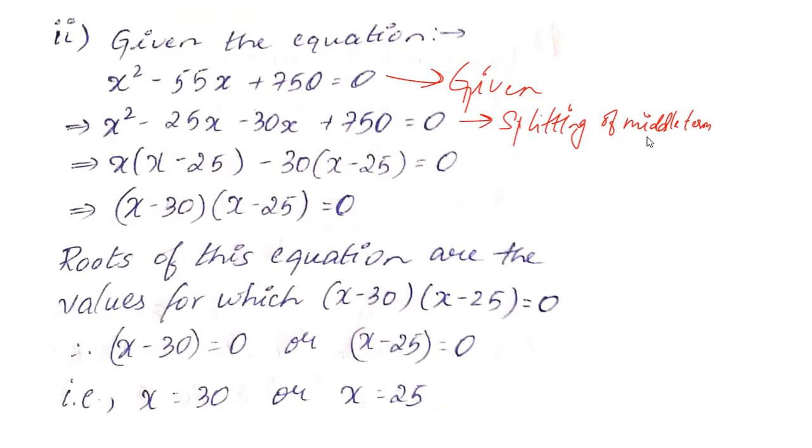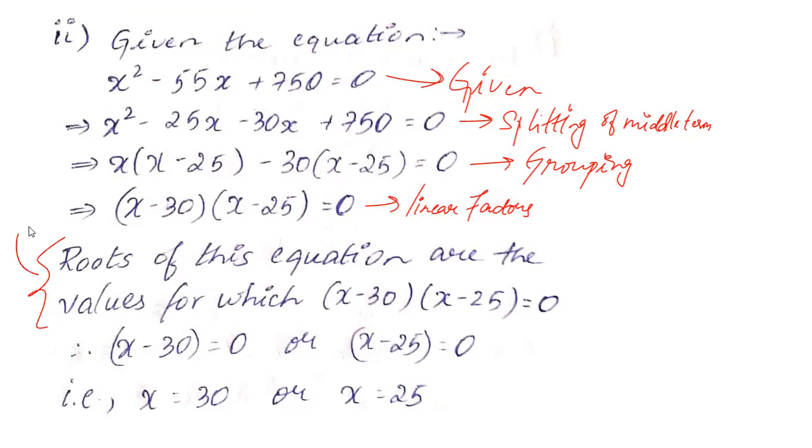This step is known as grouping. This is known as linear factors. This is nothing but the representation of the above step in verbal form.